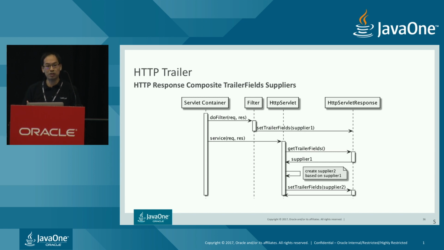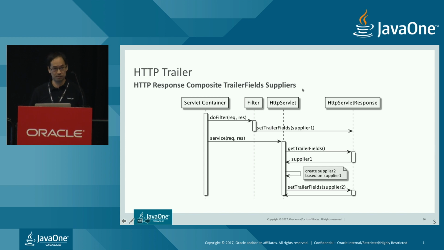You have to know what the filter does. So in this case, you get the trailer field first, and then you recover supplier 1. Once you know supplier 1, you can construct another supplier based on supplier 1, and then set it back here. So the primary purpose of getTrailerField is to support this composite trailer field use case.